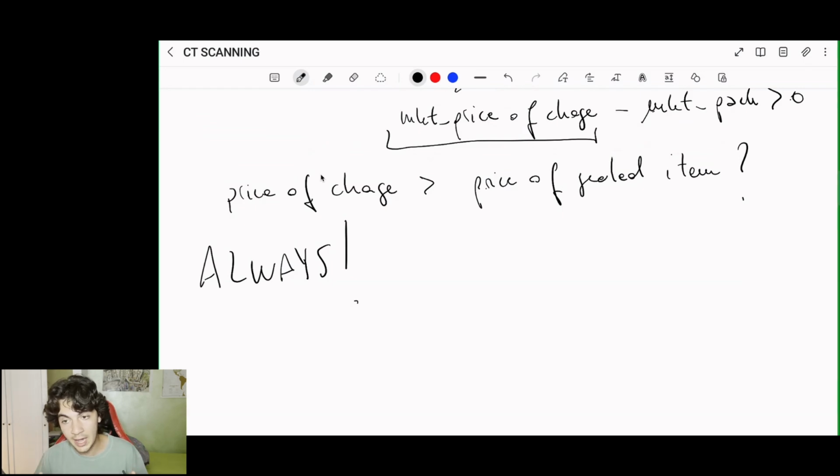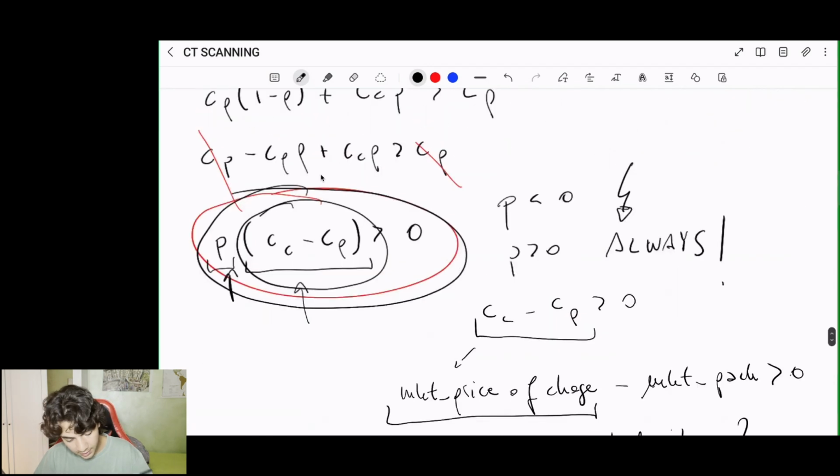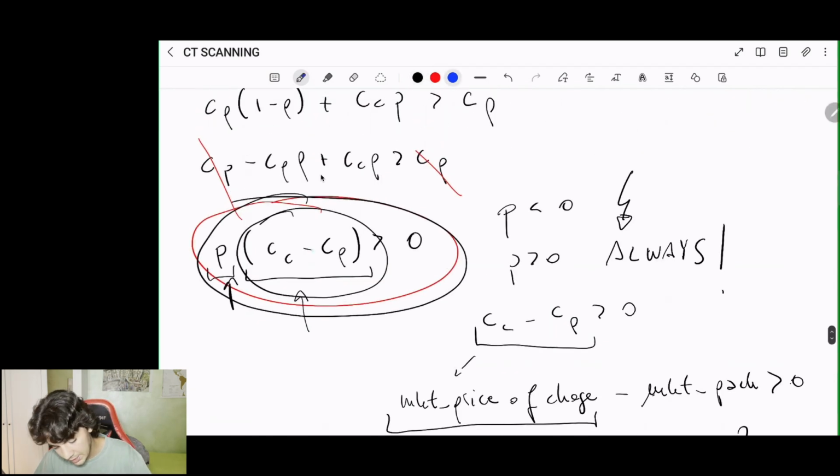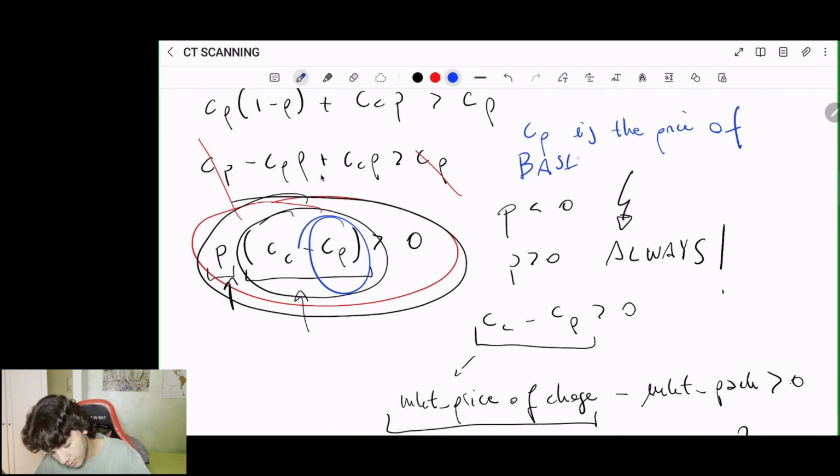This applies to all sets, all probabilities, and all sealed items and chase cards. This applies to everything. We're just using math, right? We proved it. Let's think about this. When I said CP, did I say CP is the price of base set? Did I ever say that? Or did I prove it for all sets?